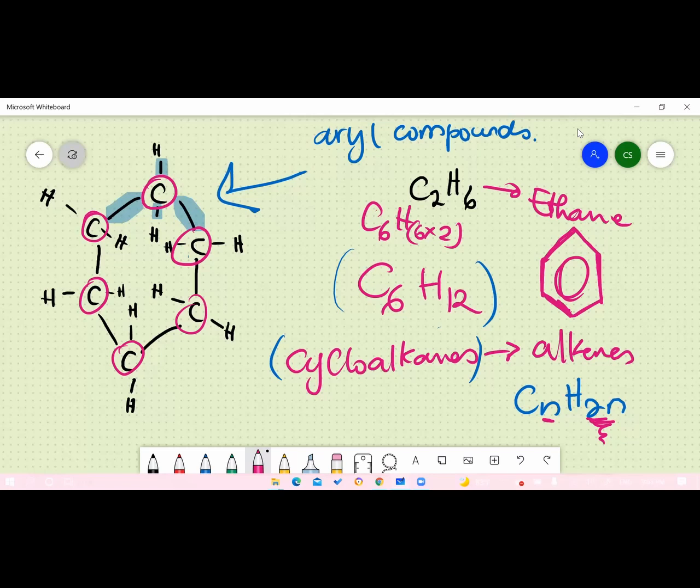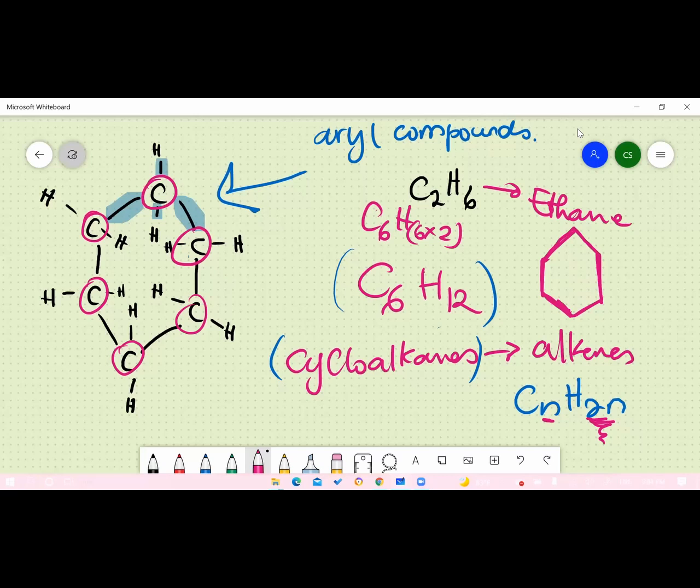For the condensed formula, you just draw a hexagon with a circle inside, and that would be benzene. Without the circle, that's cyclohexane. In our syllabus, we are only required to know benzene and cyclohexane.